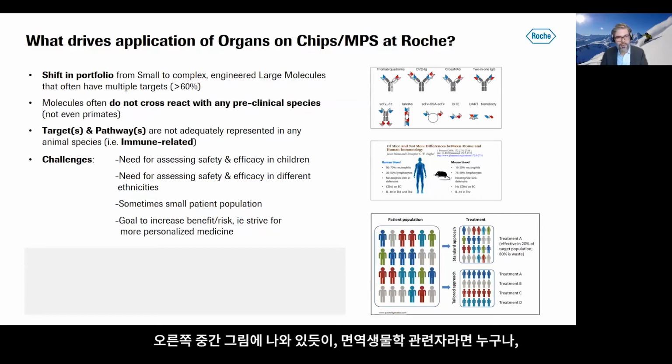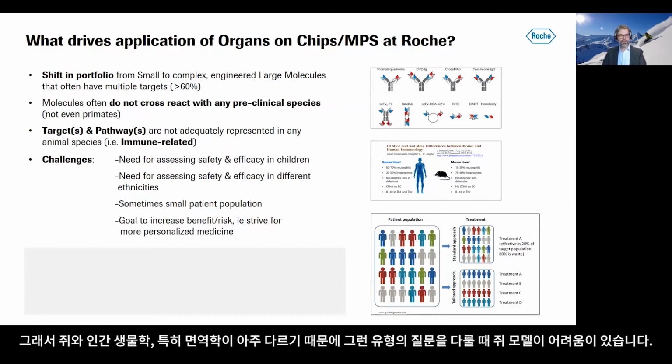And everybody that is involved in immune biology knows that mice, for example, quite much differ from the human situation, as indicated in the middle sketch here on the right. So mouse and human biology, especially for immunology, is very much different. So we would have difficulties in using a mouse model for such types of questions.